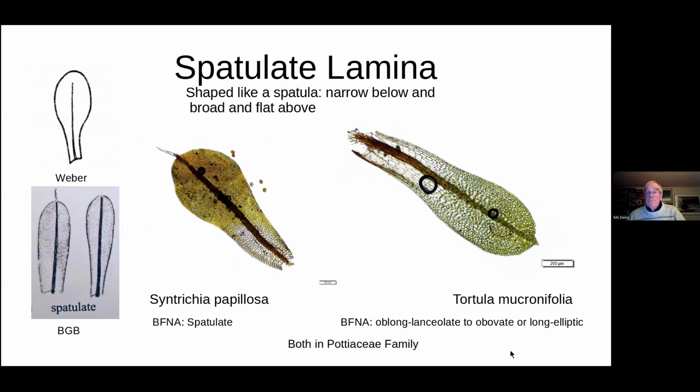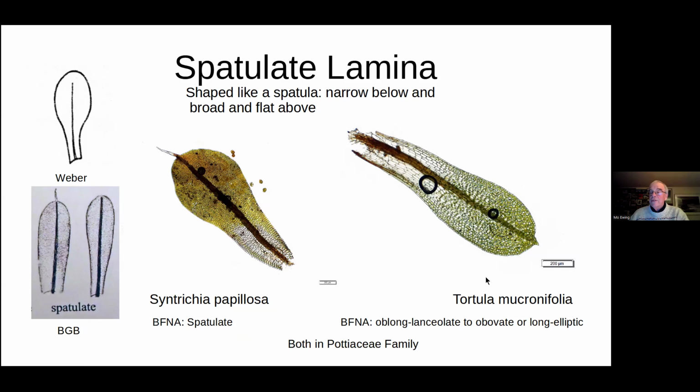And in BFNA, in Tortula, they talk about oblong lanceolate. Oblong, and I looked up the meaning of oblong in a dictionary, and an oblong is defined as being nearly rectangular, and I don't understand that, because in all of the mosses that I looked at that were oblong, they weren't square.